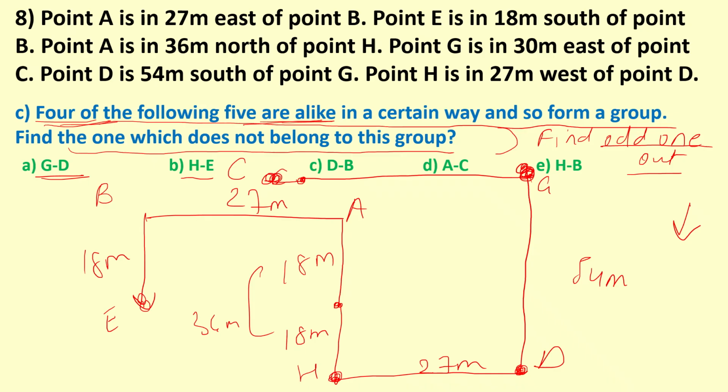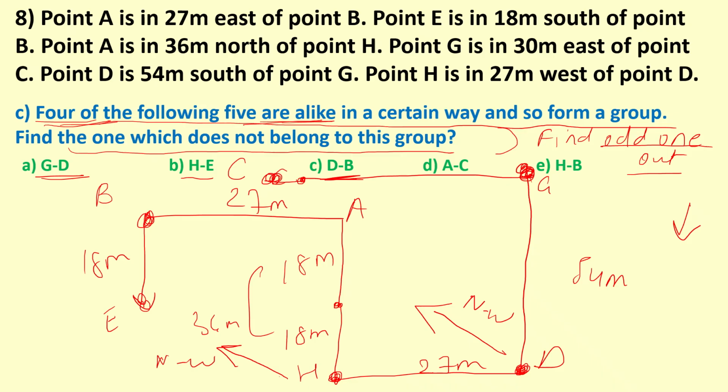So direction is this side. Correct? D and B. D is here and your B is here. Correct? So direction is northwest. So here also you get northwest. Here also you got northwest.